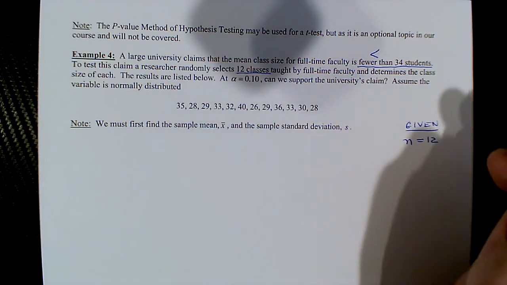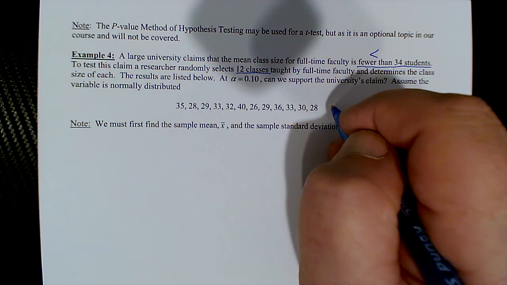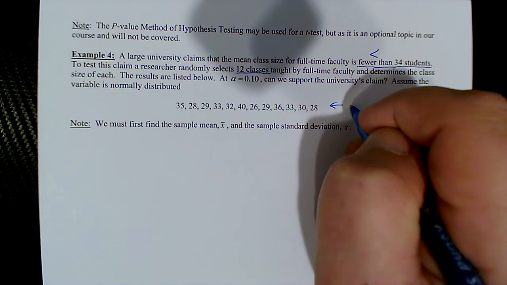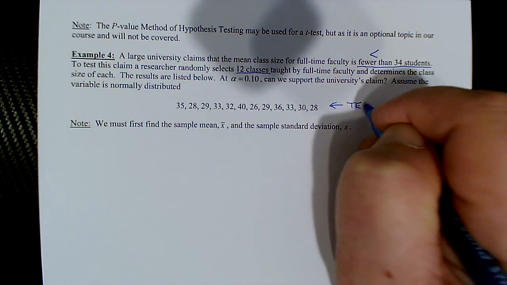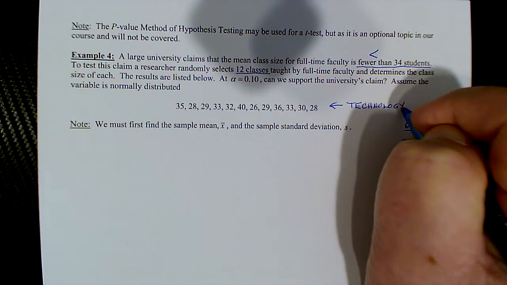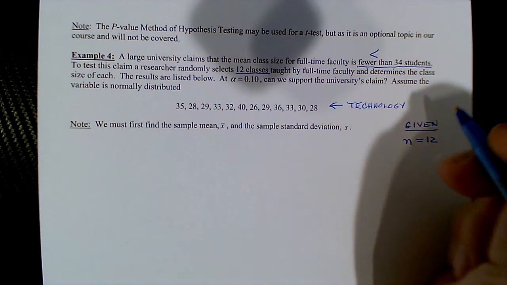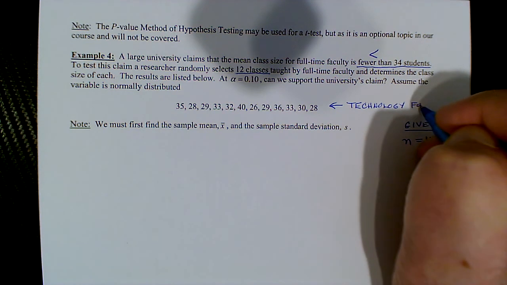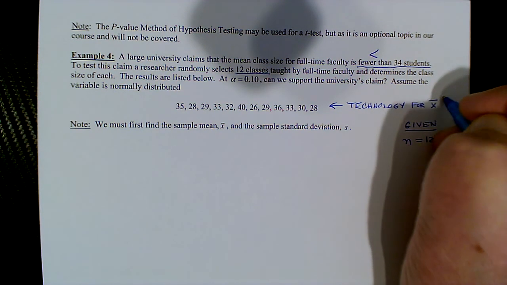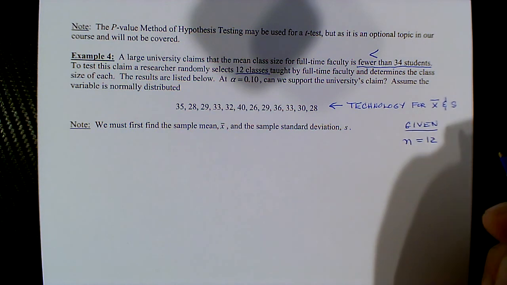Okay, so when you're given just the raw data, you want to use technology, the statistical features on your calculator for X bar, the sample mean, and S, the sample standard deviation.